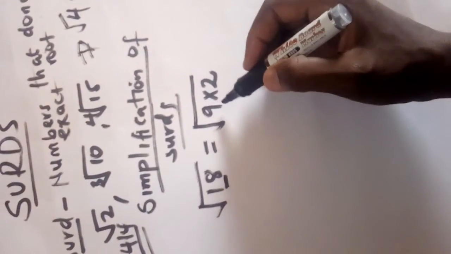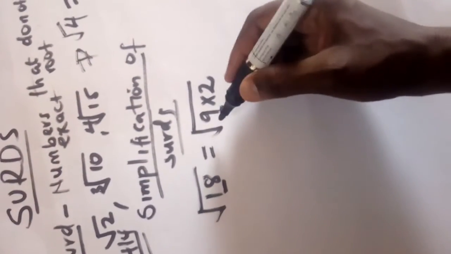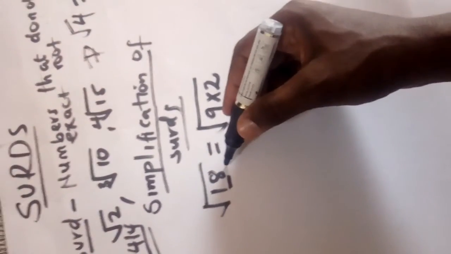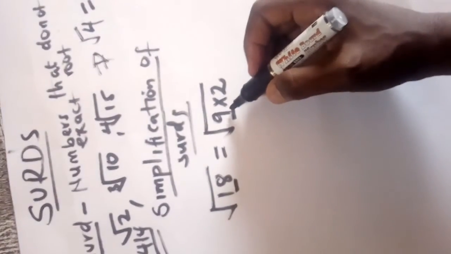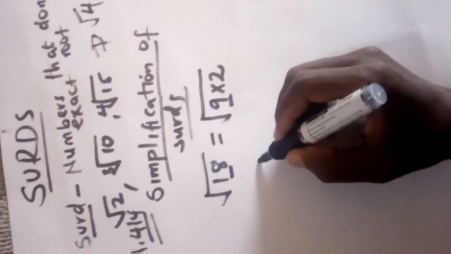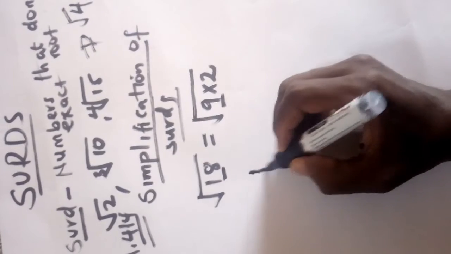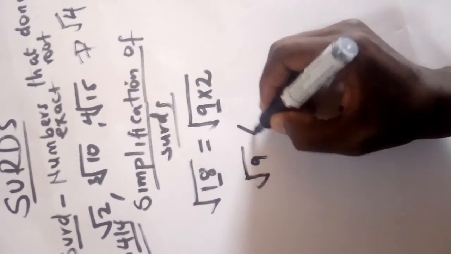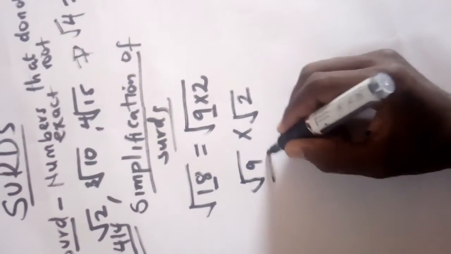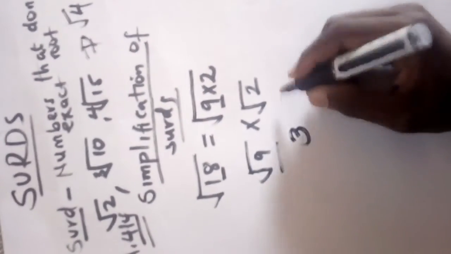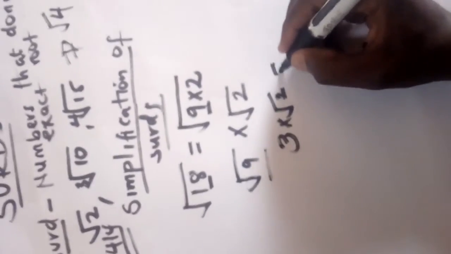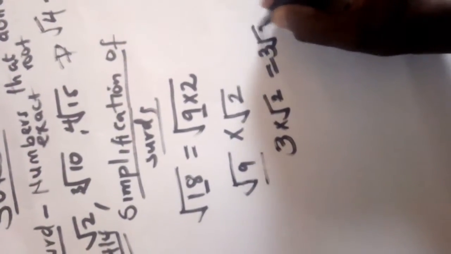In this case, you can see that we have 9. 9 is a factor of 18, and we can get the square root of 9 without getting a decimal point. So we will write the square root of 9 multiplied by the square root of 2. The square root of 9 is 3, multiplied by the square root of 2, and finally we are going to have 3 root 2.